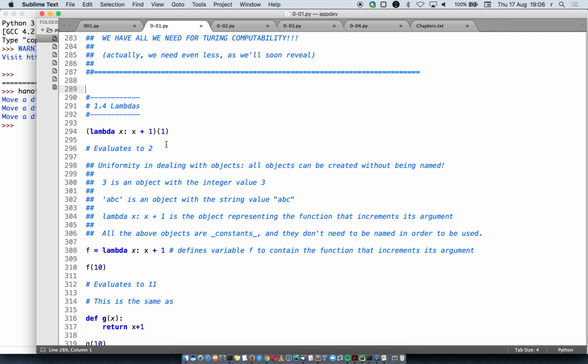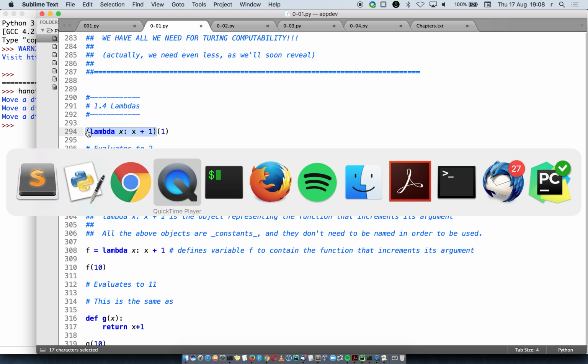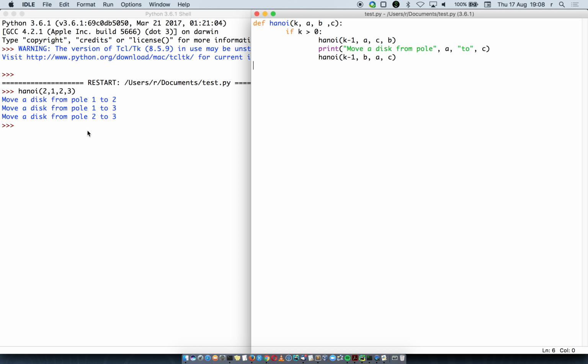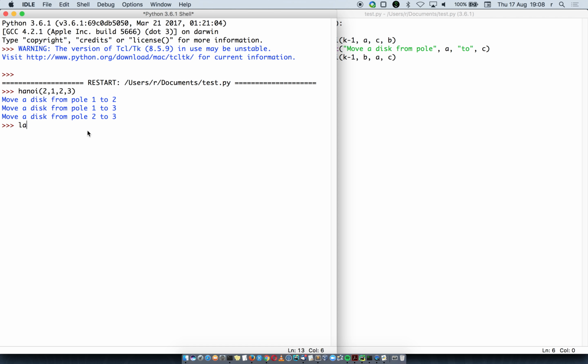And this is such a function. What you see in these brackets is the function that increments its argument by 1, right? The result is the argument incremented by 1. So if I take this object and put it into Python, we're going to get something that is not an error. Unfortunately, we won't get something very descriptive either. lambda x: x + 1, and we get something that is not an error.